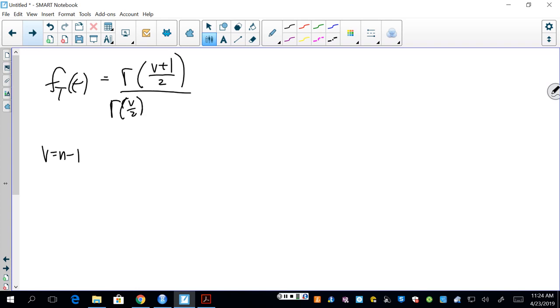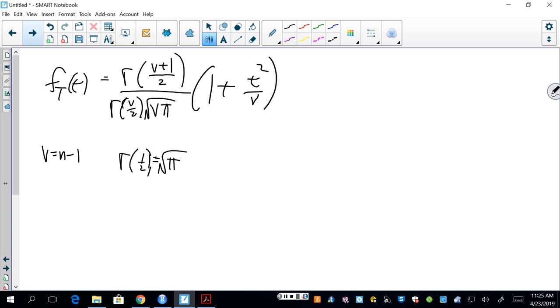B over 2, and there's a square root of b over pi. Kind of interesting, the gamma of 1/2 is the square root of pi. It's kind of amazing that it comes out to be that special function. And then there's 1 plus t squared over b raised to the negative b plus 1 over 2. And the values of t that you can have go between negative and positive infinity.